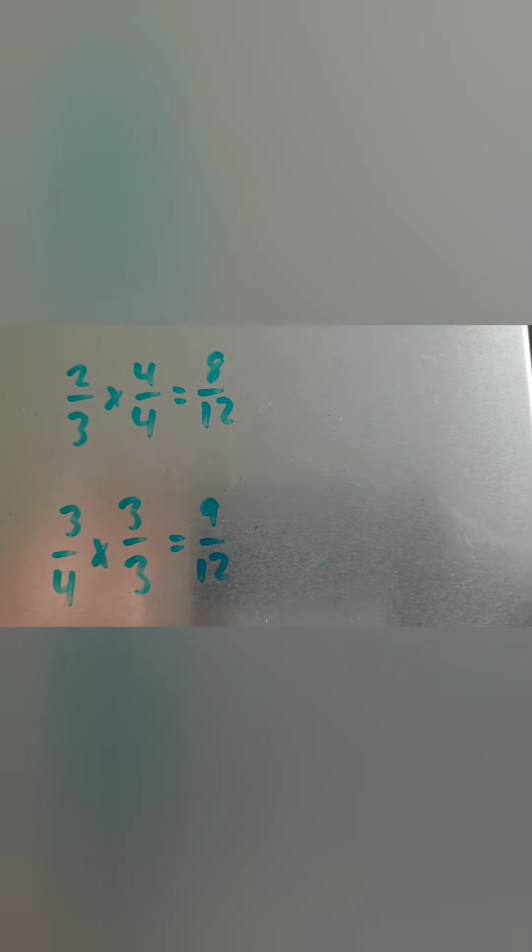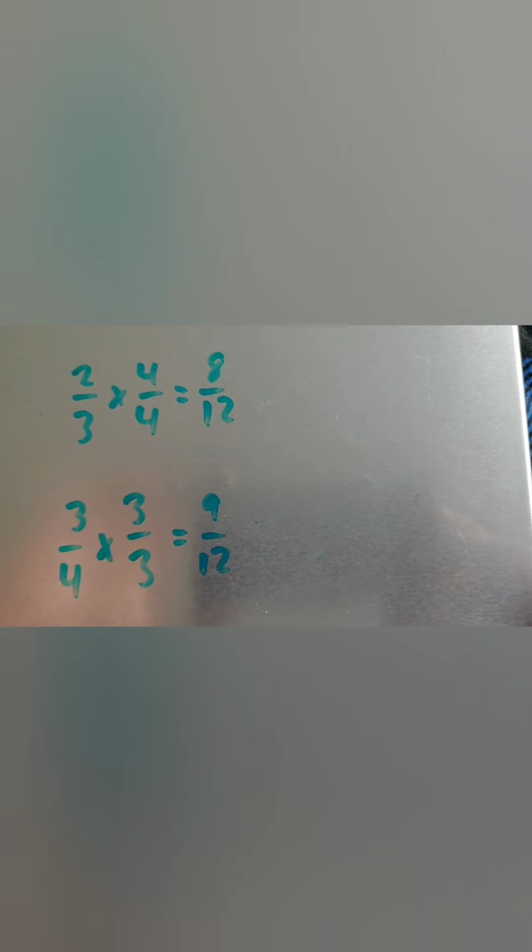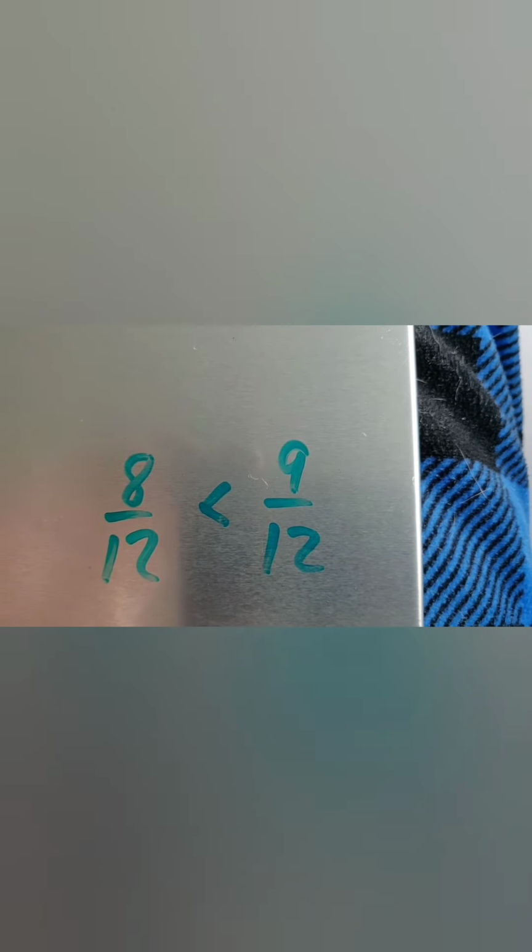Now I'm going to compare that 8/12 and 9/12, and then I'm going to express them back as their original equivalent fractions of 2/3 and 3/4. So 8/12 is less than 9/12 because our rule is that when you have the same denominator, or when you have common denominators, the fraction with the smaller numerator is less than the fraction with the greater numerator.